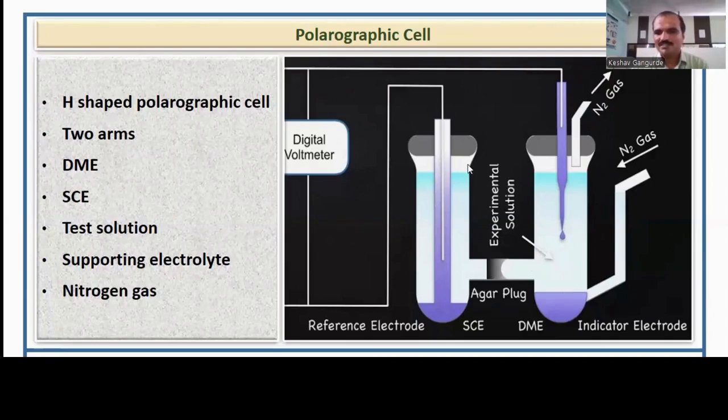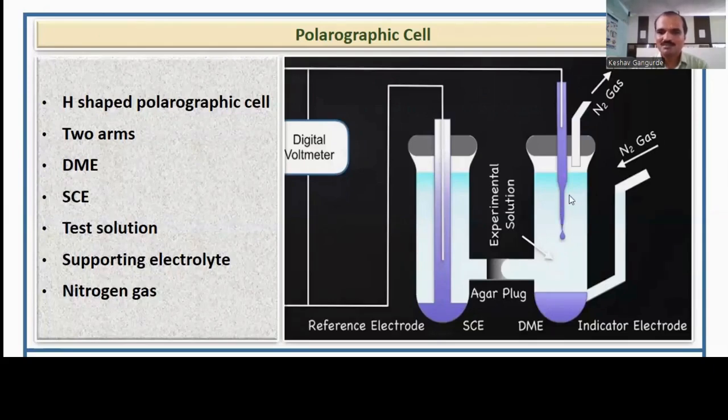In actual analysis, the solution arm is rinsed a number of times with the sample solution, and the sample solution is filled up to the level of this horizontal glass tube. The rest of the space in the polarographic cell is filled with the supporting electrolyte, and the supporting electrolyte used in polarography is generally the salts of alkali metals like KCl.